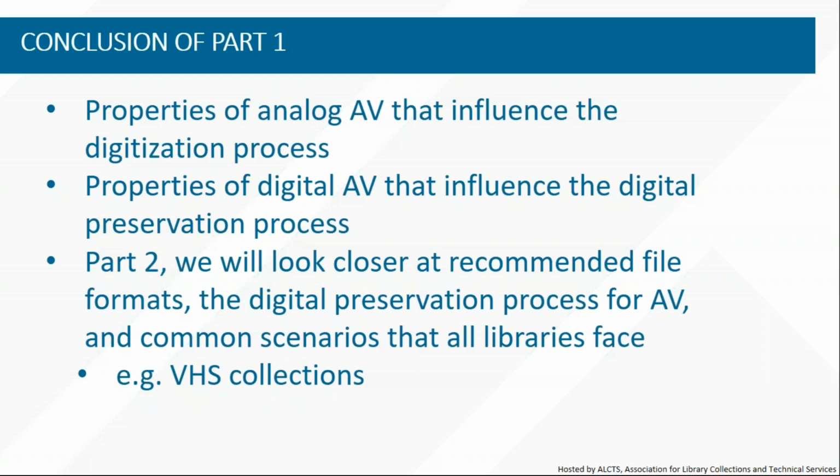Everything builds upon each other. And as I said before, in part 2, we're going to look closer at recommended file formats. We're going to investigate more deeply what those properties actually mean, and how they actually influence the digital preservation process.